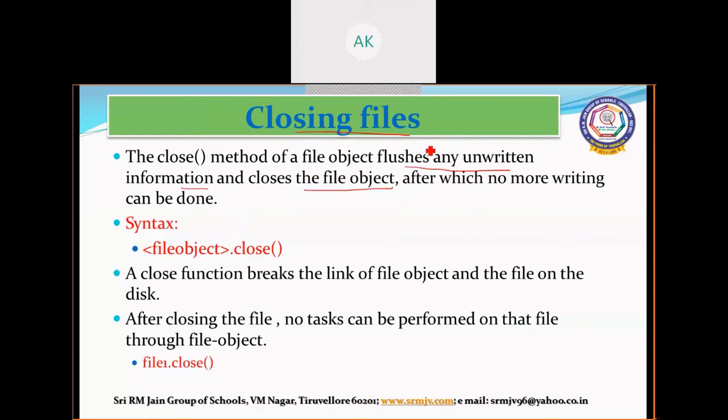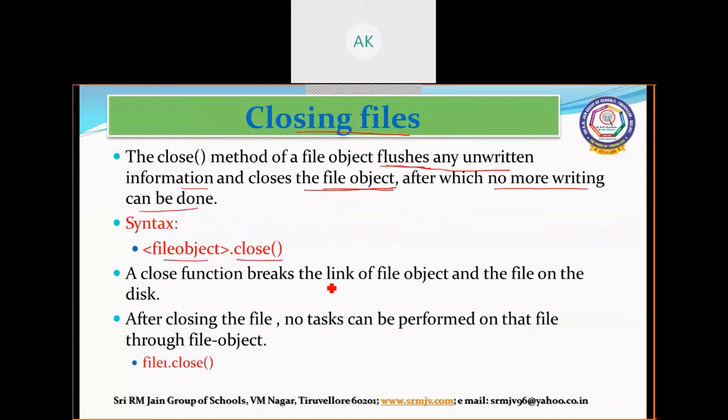So whether you are reading byte by byte, line by line, or collectively, all the contents will be flushed out from the file, and it closes the file object. That is, the connection to your file gets disconnected, after which no more writing can be done, so no more processing can be done in your file. Its syntax is the file object followed by close.